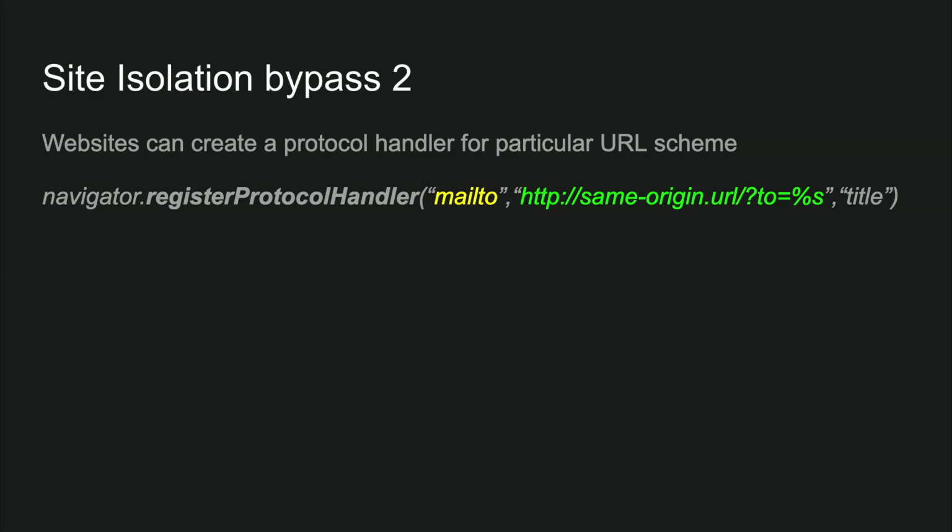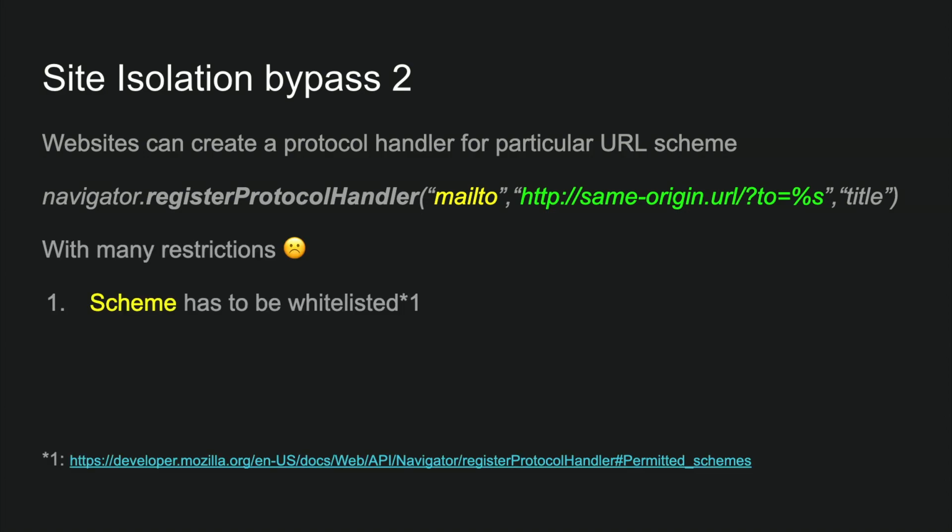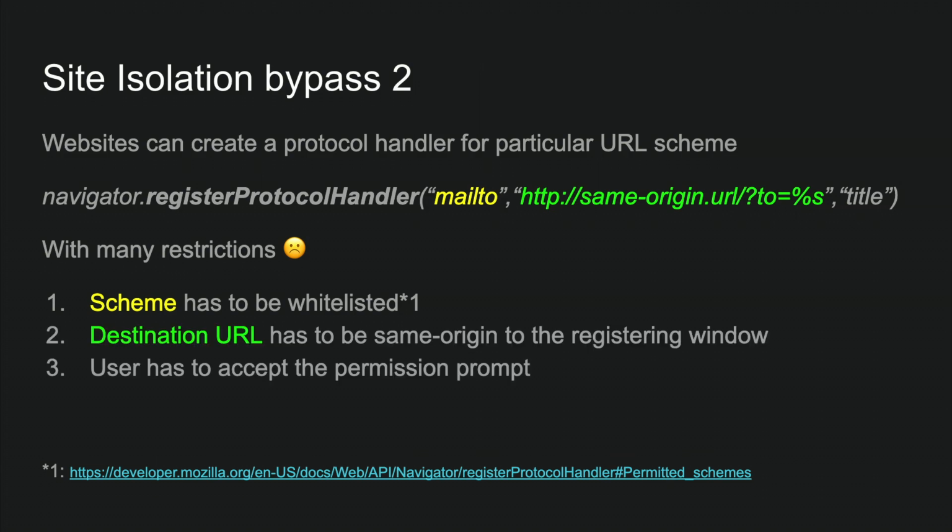So they will say, if the user clicks on mailto, forward it to this URL, which should be same origin. Yeah, so these are the restrictions: you have a whitelisted scheme, the destination URL has to be same origin, and then the user has to accept the prompt. So it's a pretty powerful API, but you need so many things.